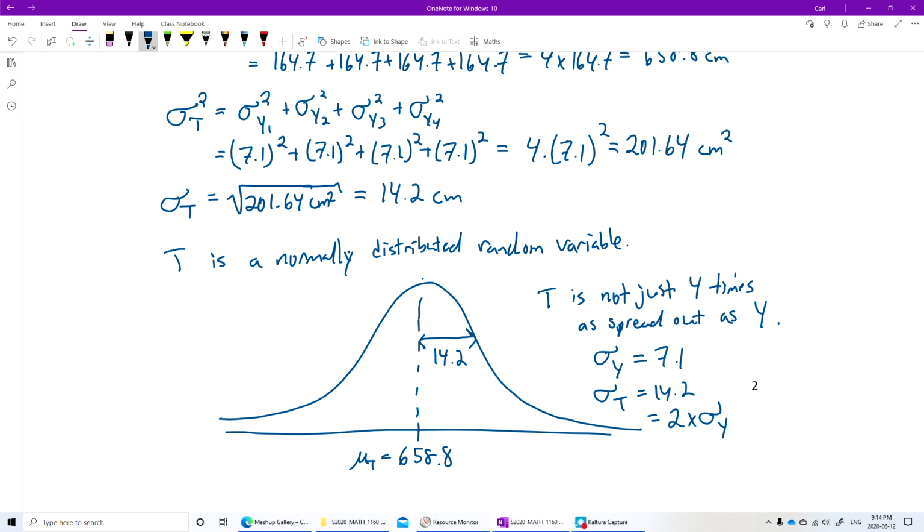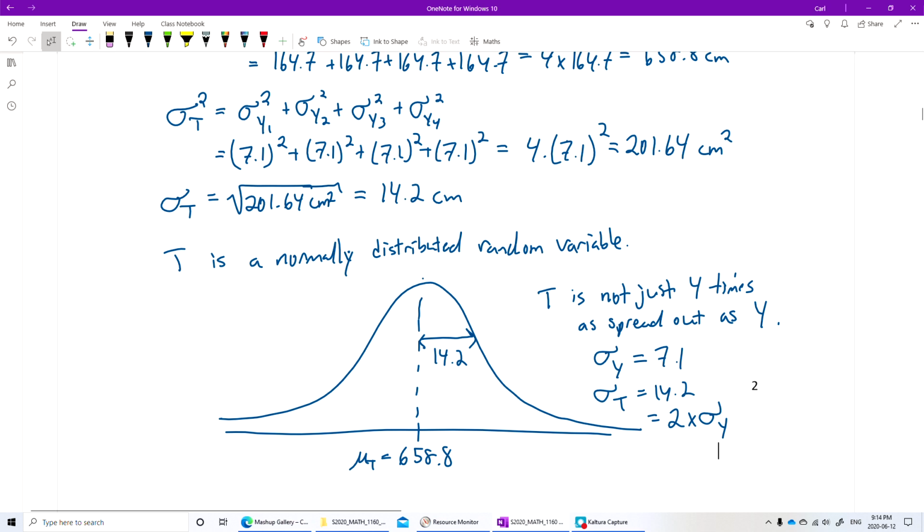So when we add up multiple people, it's very unlikely that they're all going to be on the one side above average. And so they're not going to be as spread out as you might expect. You're going to have some kind of, you might call it cancellation or smoothing, averaging. Okay, we're going to get deeper into that, don't worry.